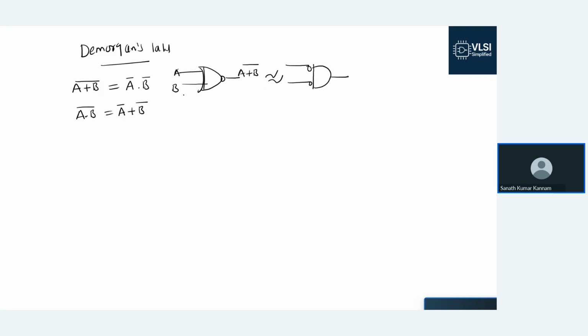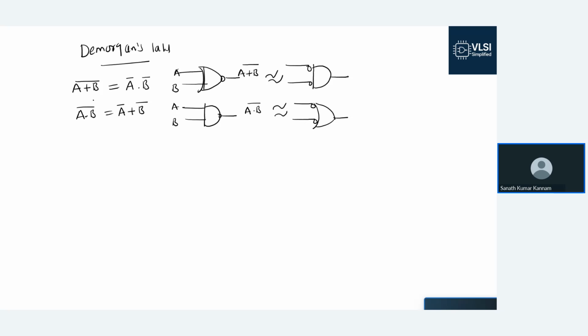So next NAND gate. So this is A, B, A and B whole bar. This is equivalent to what? This is equivalent to bubbled OR. Okay.